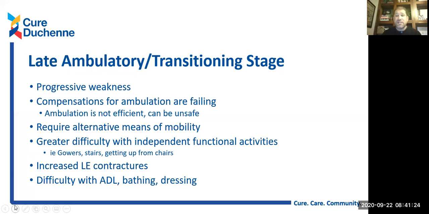We're also seeing increased tightness as the weakness and the scar tissue and fibrosis continue. We're starting to see more contractures built in, and then difficulties with ADLs, or activities of daily living, are showing themselves. Bathing, dressing, as the upper extremities are getting weaker, and if they can't lift their hands up over their head, washing their hair, bathing, and brushing their teeth become more difficult.